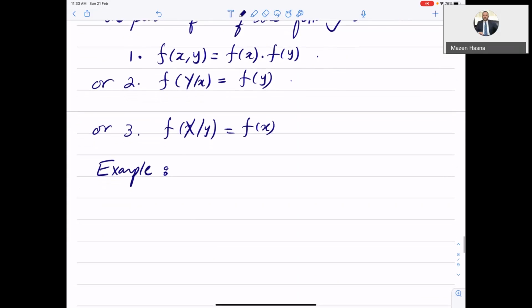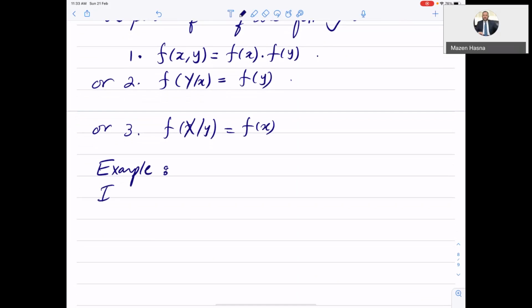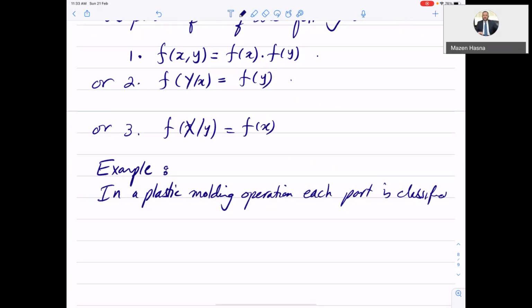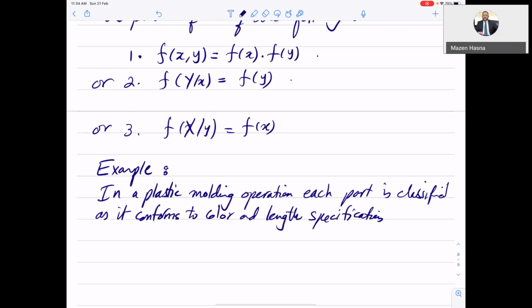It says that in a plastic molding operation, each part is classified as it conforms to color and length specification or not.